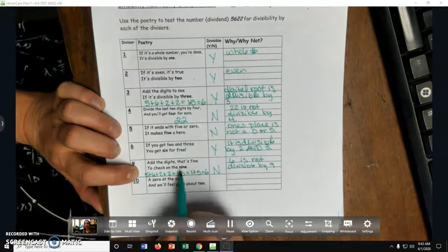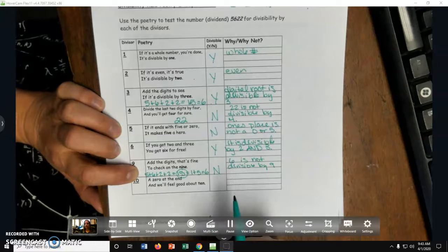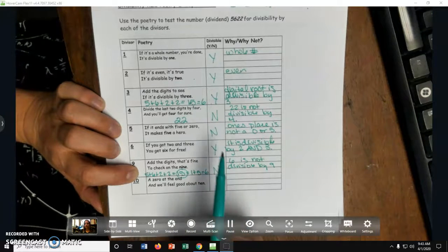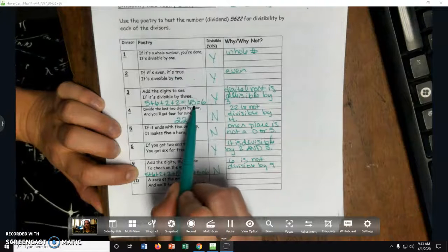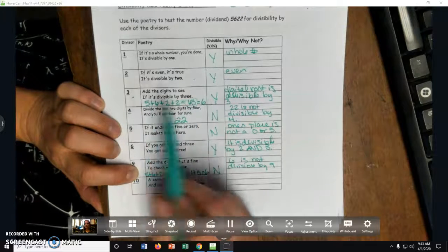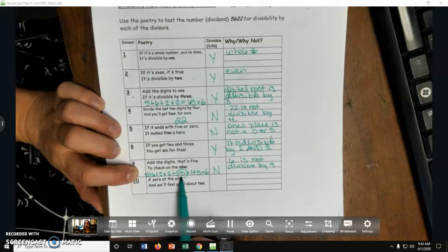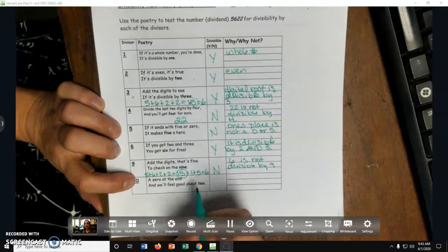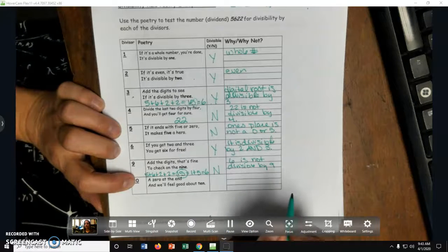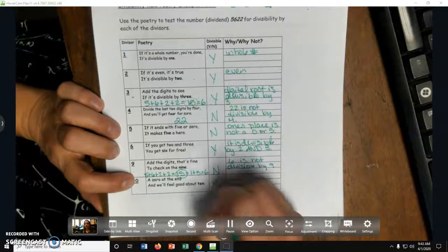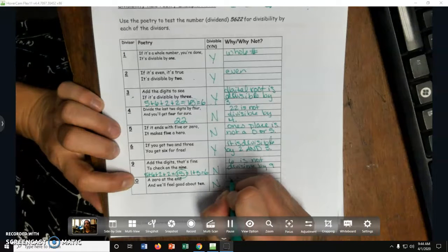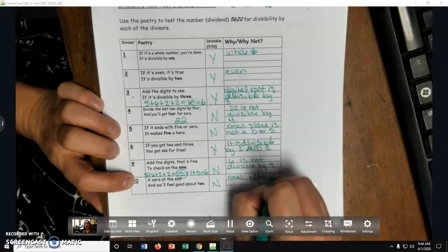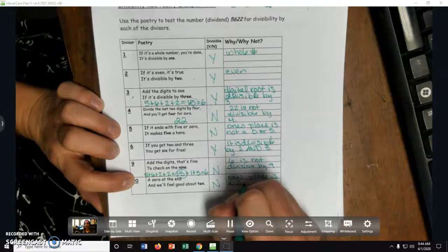Okay? Neither is 15. So if you left it there at the 15, because here we can see this 15, we know that 15 is divisible by 3, so that's fine. Here, if we left it even here, we know that 15 is not divisible by 9. Okay? Do we have a 0 at the end to show that it's divisible by 10? No. Ones place is a 2.